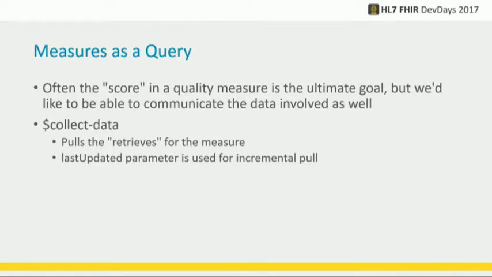So one of the things we want to be able to do is pull that data. Instead of asking for the score for a measure, give me the data to calculate that score. That's a collect data operation that we've defined to say, for this measure, for this patient, or for this measure, for this population, give me all the data that would be required to pull that down. And then there's a last updated parameter.